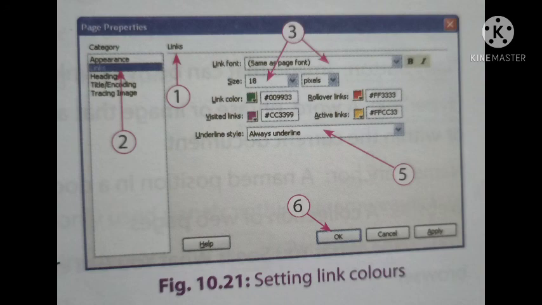And from there you can select colors: link color, visited links, rollover links, active links, and then you can choose any one of the underline styles. And then after that click Apply and then OK after making the desired changes.